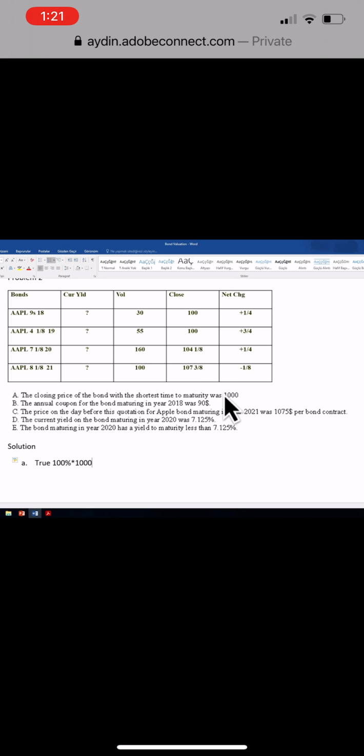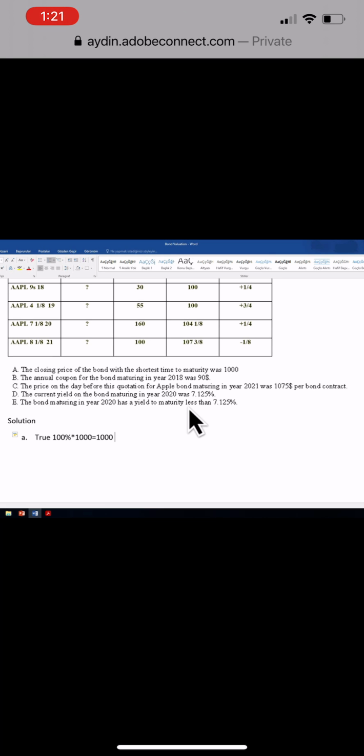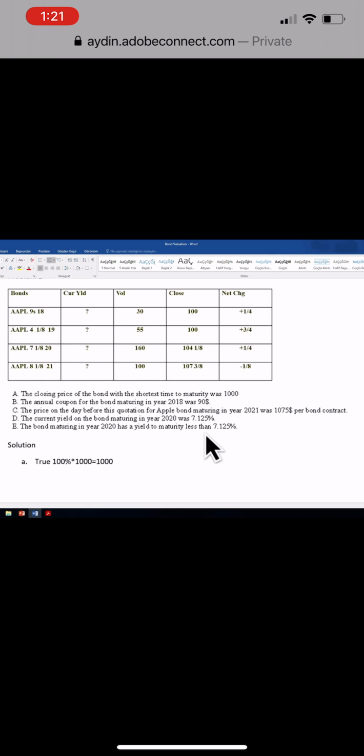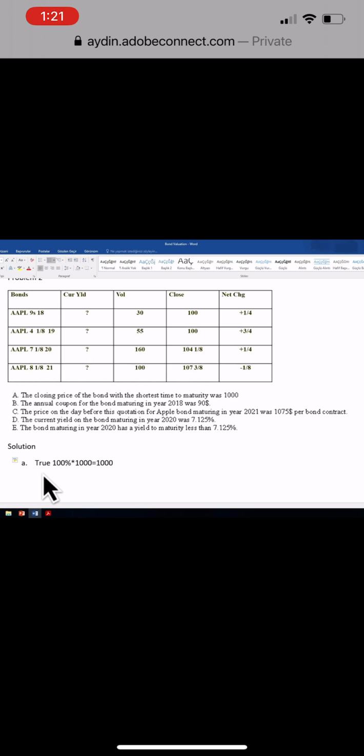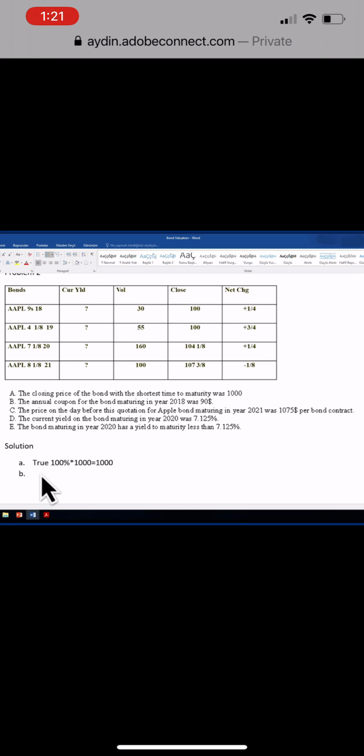Okay, so this is how we find the closing price, and we verify that the closing price is correct. So the next one is B. The annual coupon for the bond maturing in year 2018 was 90. True or false?